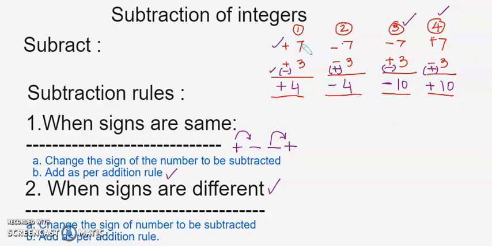So when positive 3 is subtracted from 7, we get 4. Negative 3 is subtracted from negative 7, we get negative 4. Positive 3 is subtracted from negative 7, we get negative 10.